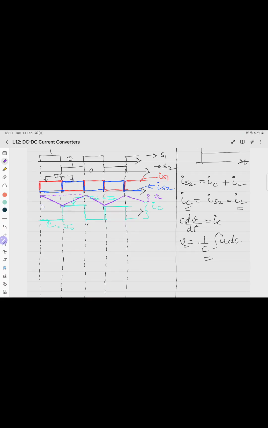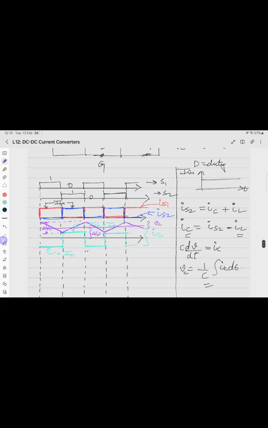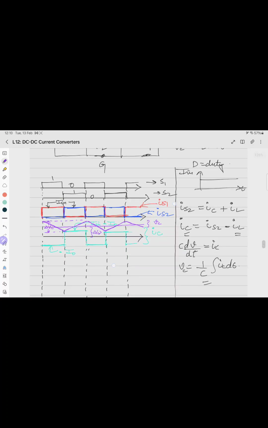This you can call delta VC, and this is the average value, capital VC, or the average value of VC. So this is the capacitor voltage waveform.